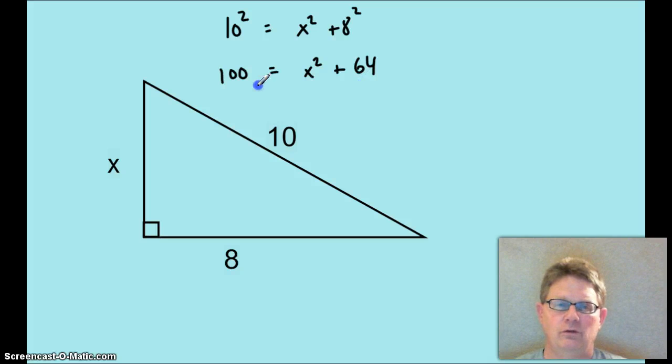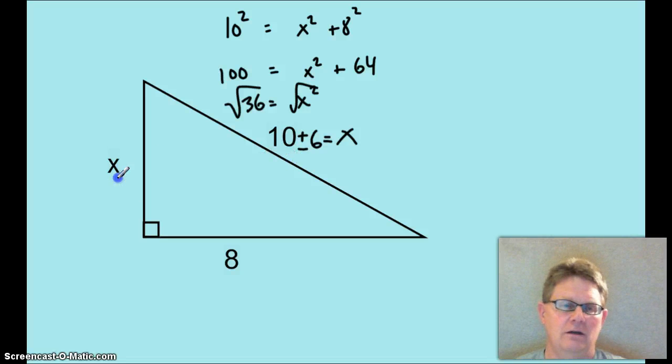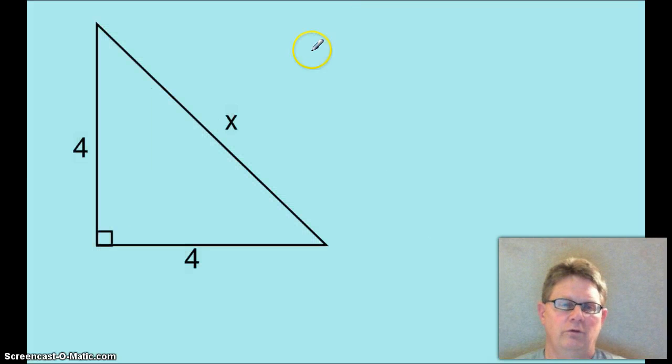Subtract 64 from both sides. 100 minus 64 is 36. 36 equals x squared. We'll take the square root, and plus or minus 6 equals x. However, because we're talking about the length of a triangle, we'll forget that negative root, so that missing leg is 6.